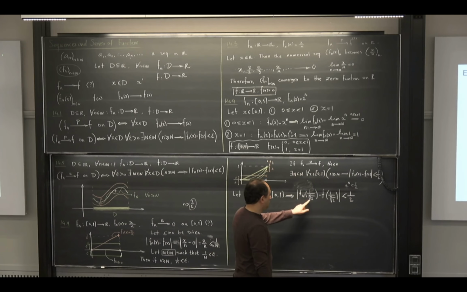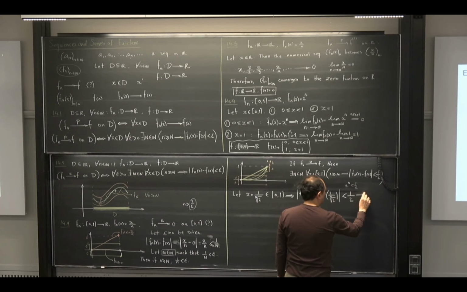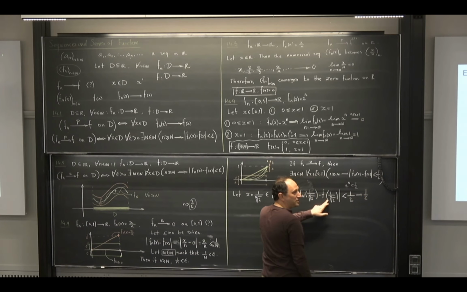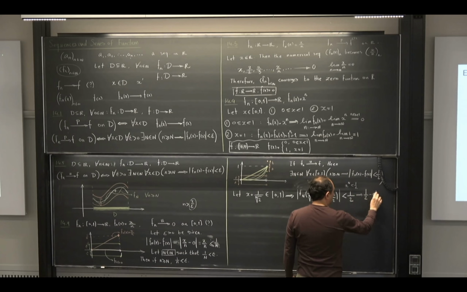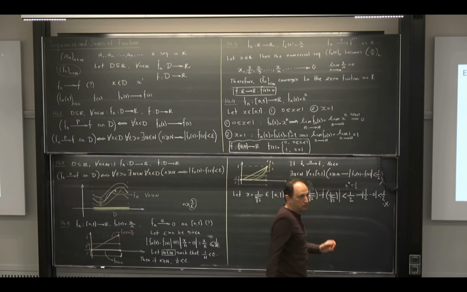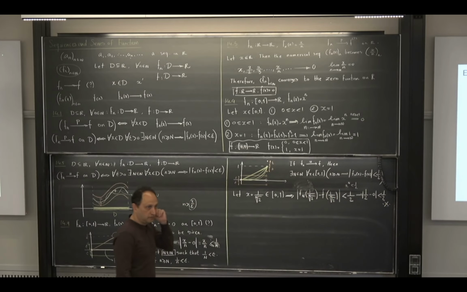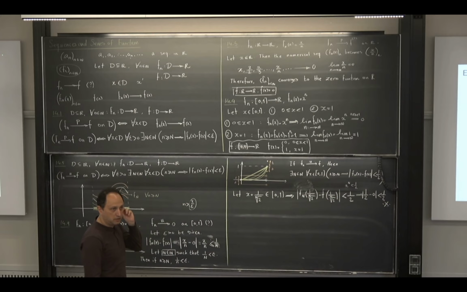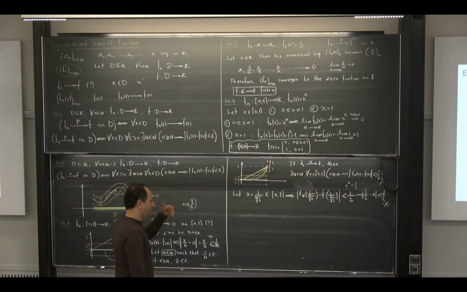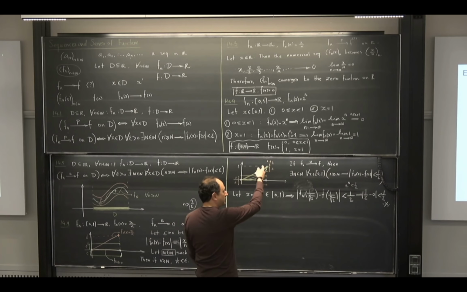But what is this number? This number is just 1 over 2. And this number is 0. And that is the contradiction that you will look at. Yes? Is the idea clear? If you think about it, hopefully it will make sense.